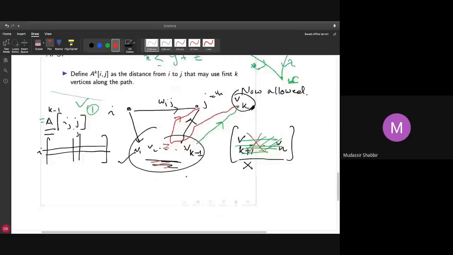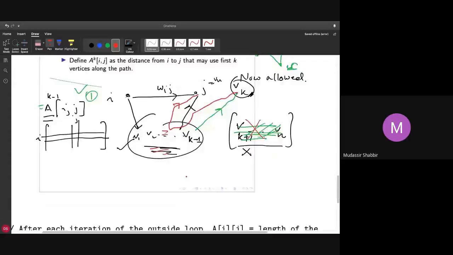So what's the shortest path distance in this case when we actually use the vertex K? I think many of you have probably already guessed.